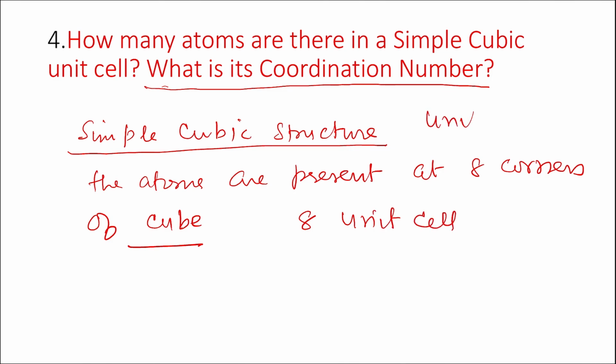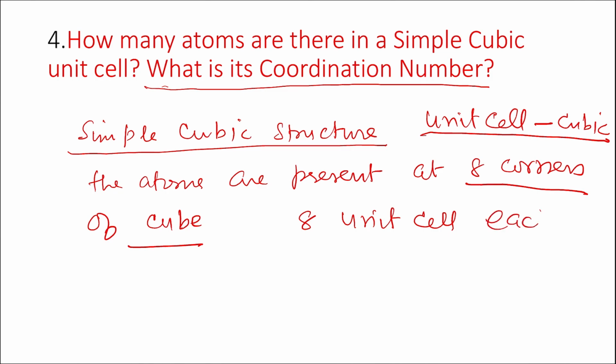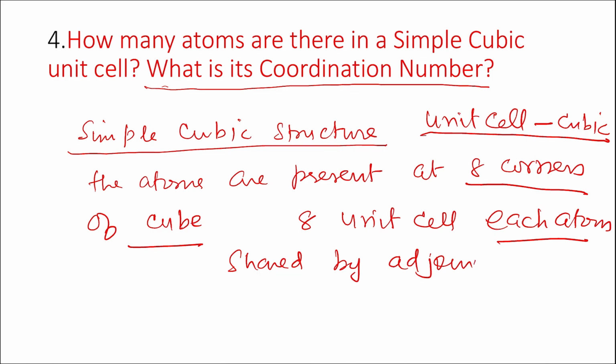See, the unit cell is cubic in structure, and the cubic structure has 8 corners, and at the 8 corners there is one atom present, but each atom is shared by the adjoining unit cells.